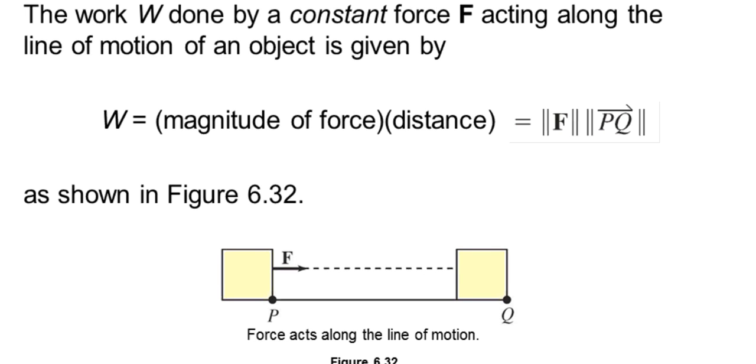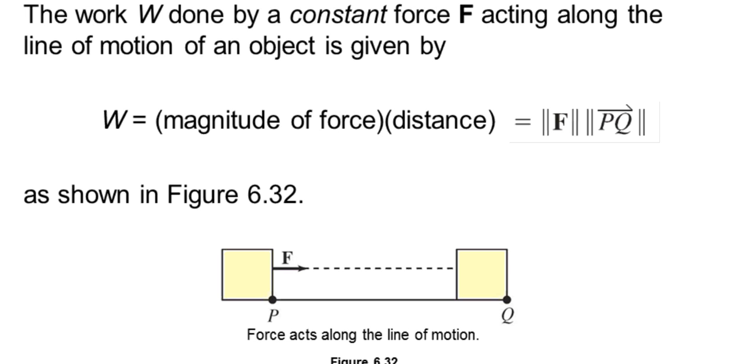And the force acts along a line of motion. If we're pulling straight across, that's great, but think about the examples, like a big barn door on a rolling system, and you're pulling with a string, so it's making an angle as you pull it across, or even something as simple as a wagon or a cart.